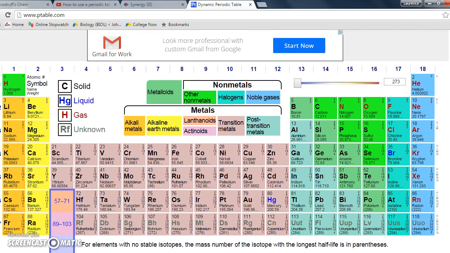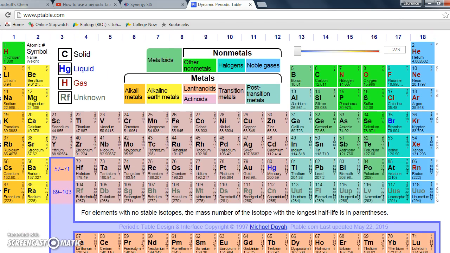There's another interesting thing about the periodic table, and this is not true of the ones that I handed out to you in class, but many periodic tables give you the information of whether the element is a solid, liquid, or gas at room temperature.